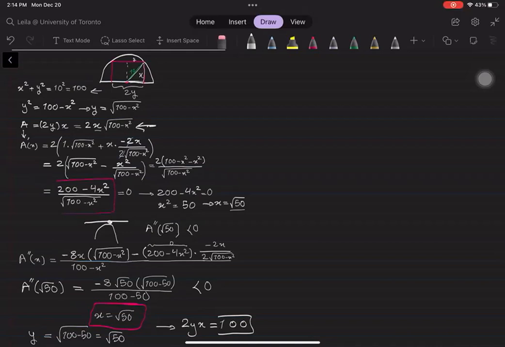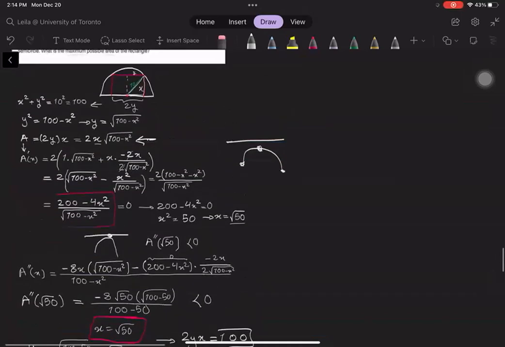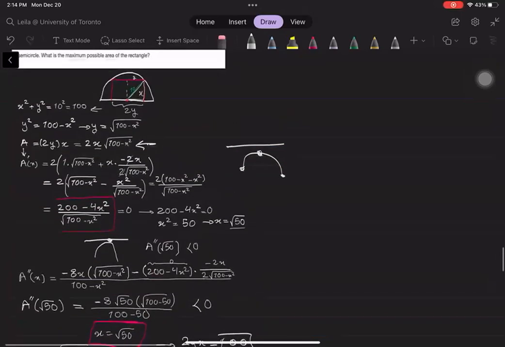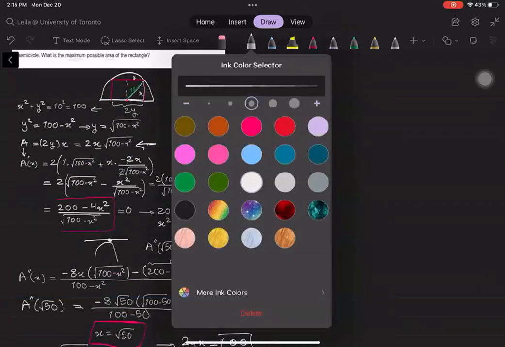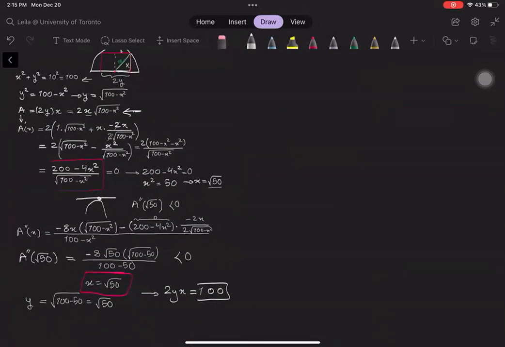It's not exactly a polynomial where you know the shape, so you can't just compare endpoints. But this is the same function as in that question, the semicircle, and it uses a different, shorter way to find the maximum. So I just want to check, is there another way to do it faster to find the maximum?